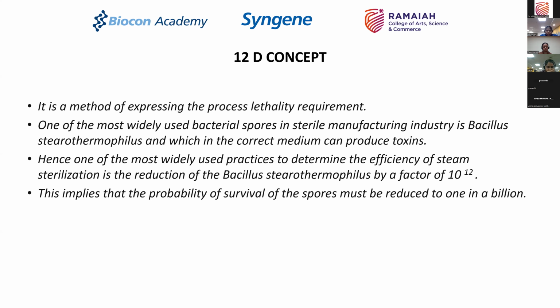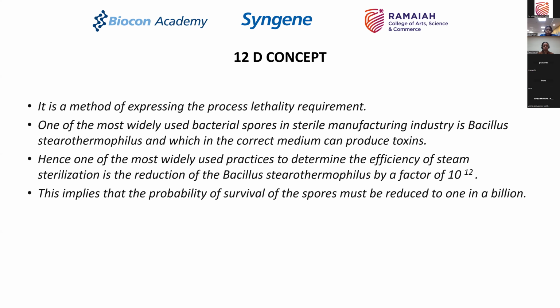It's not a very efficient way of doing it, because if you go to that overkill approach, you will end up with a lot of wastage of energy in trying to achieve that. So if you know the load is never that high, then don't go for a 12D concept.